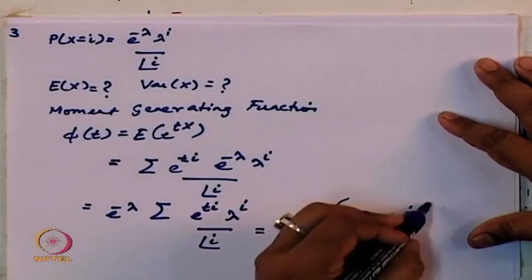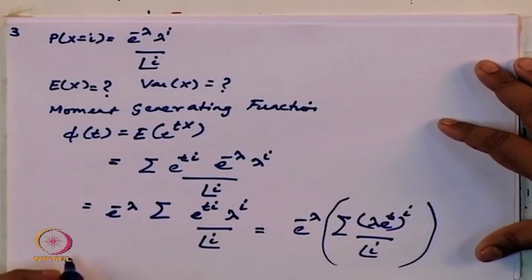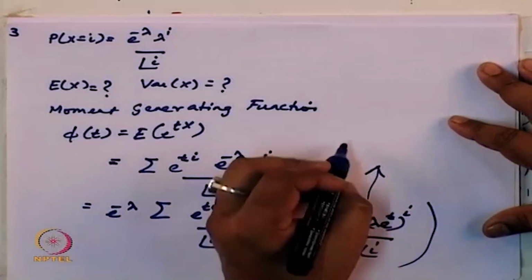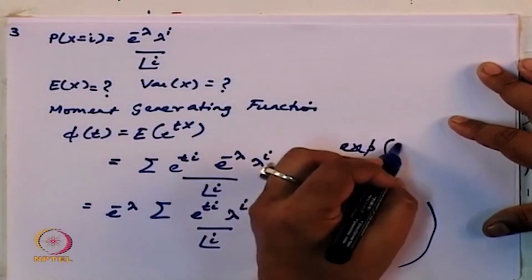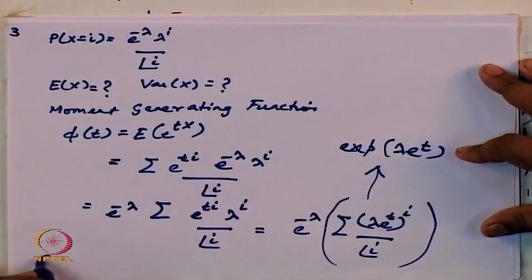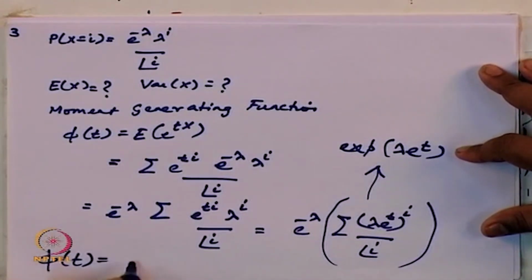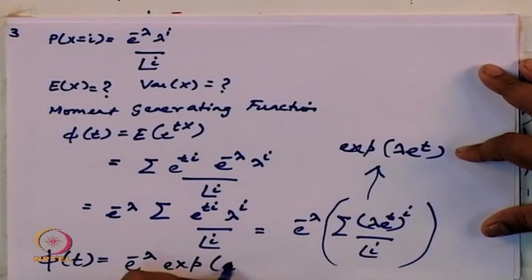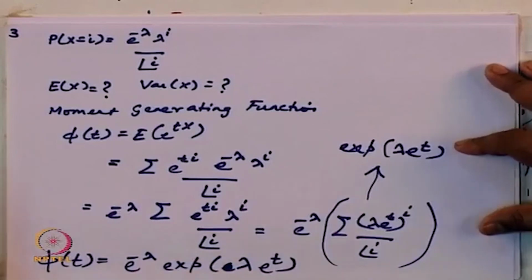So this whole term can be written as the exponential of lambda e^t. Then my moment generating function phi(t) becomes e^(-lambda) into exp(lambda e^t).